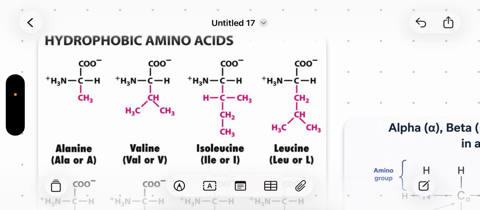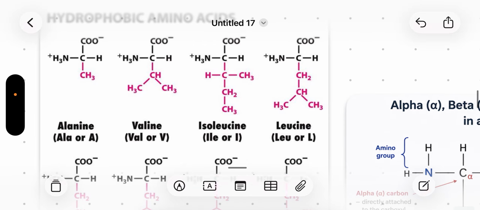In a covalent bond, during the sharing of electrons, if the electrons are closer to one atom and far from the other, then one atom gets a partial positive charge and the other gets a partial negative charge. That condition is called polar, and such a bond is called a polar covalent bond.